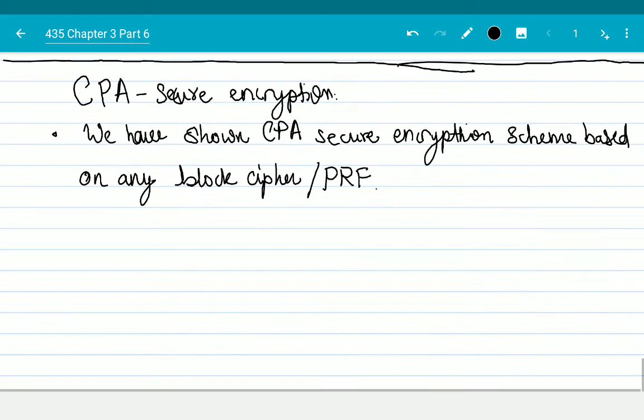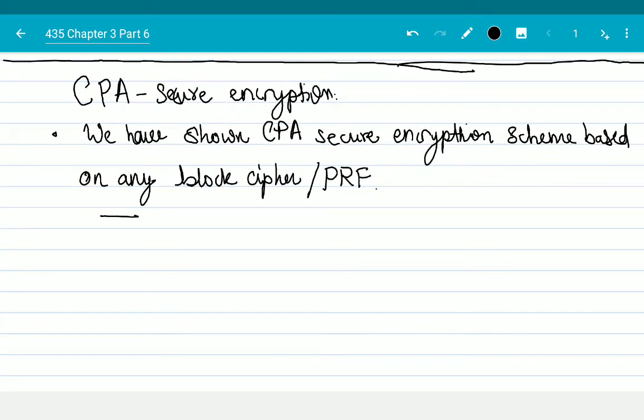What is a block cipher? We are ciphering a block of length n. Encryption k of m is of k r.